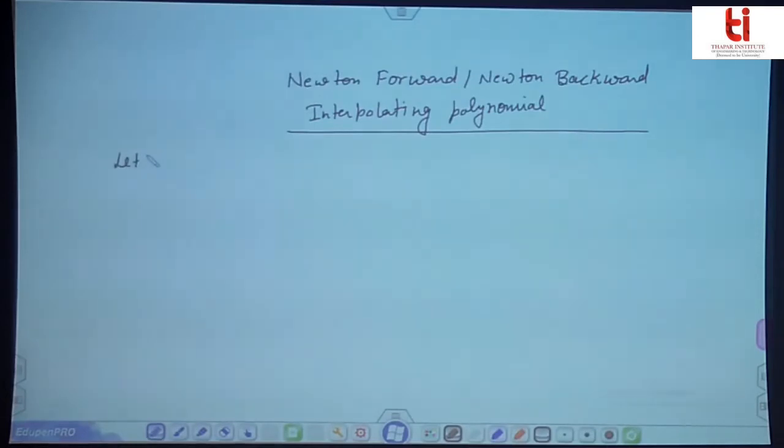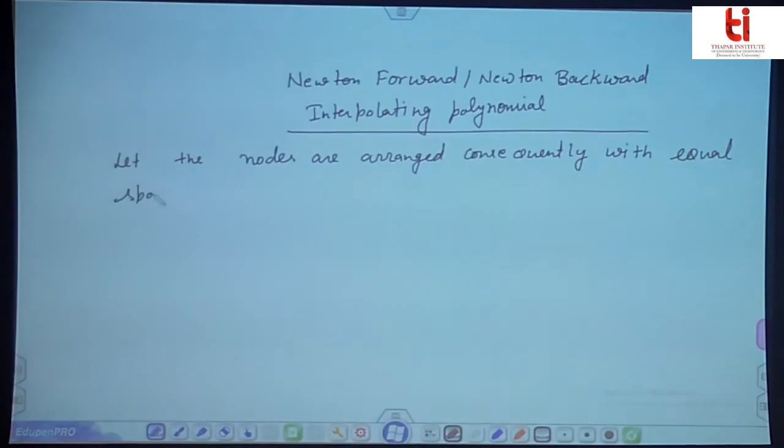So that the nodes are arranged consecutively with equal spacing, say h.